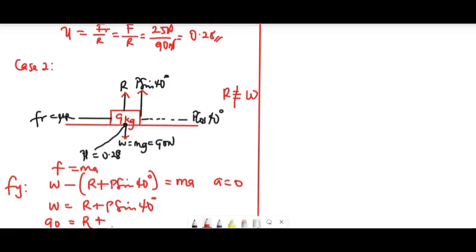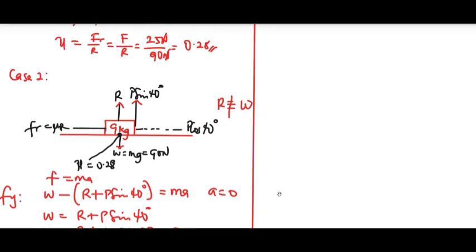Sine 40 would give us 0.6428 on approximation. So I have 90 equals R plus 0.6428P. This marks my equation 1. So if I have this as my equation 1, then I get the second part of the equation.